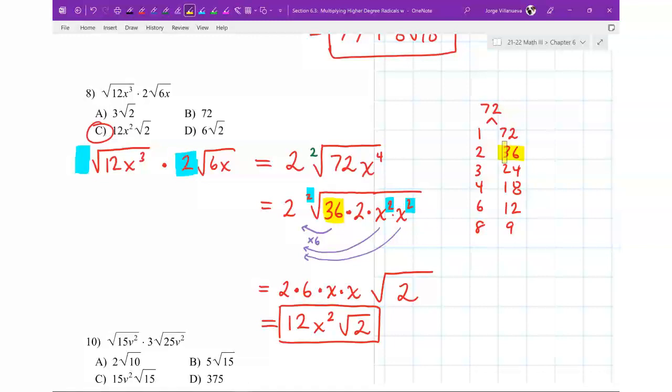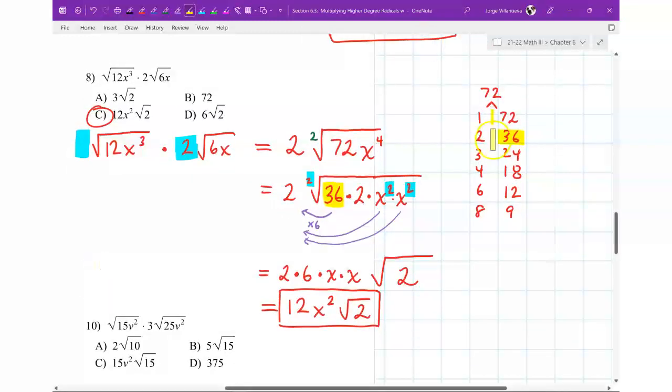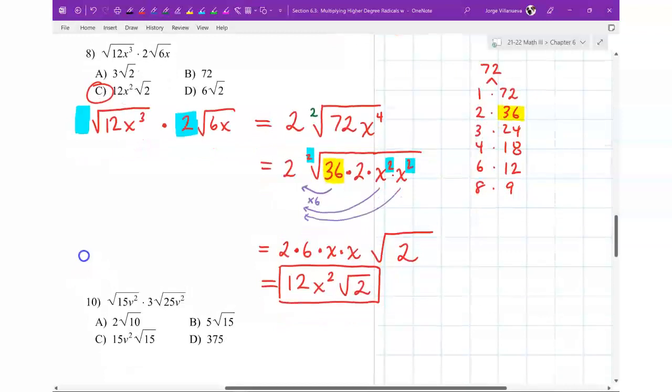Just type in factors of and then your number, and it'll list them all for you, right? And then you can say, okay, which one's the best answer? Okay? So those were all just products, okay? This 1 times 72, 2 times 36, these are all multiplications that I'm just trying to figure out, okay? Any questions on 8?